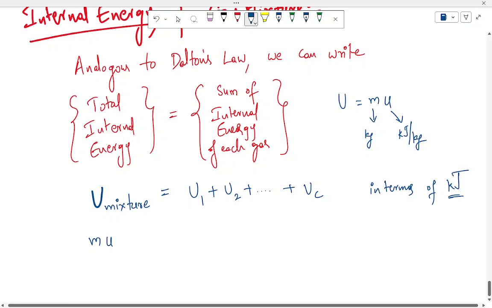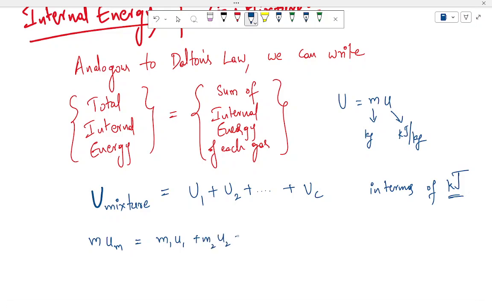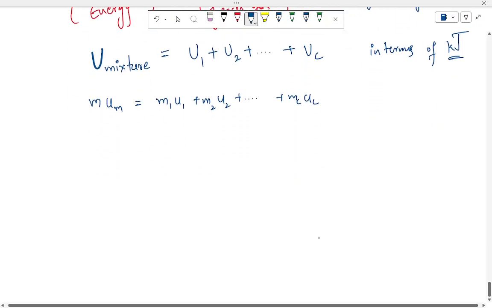The capital U is now becoming the small u here. So small u of the mixture will be equal to m1 u1 plus m2 u2 plus so on plus mc uc. So that's what we have here for the various gases.